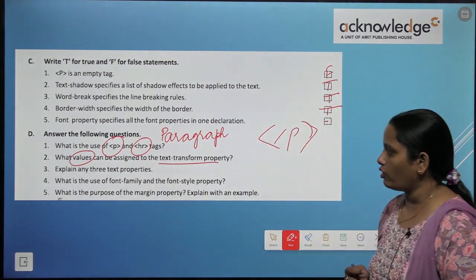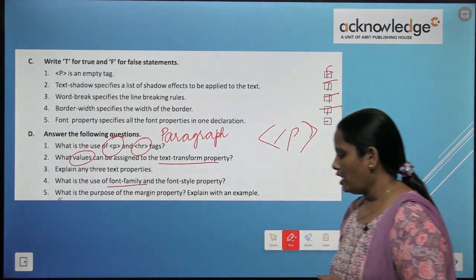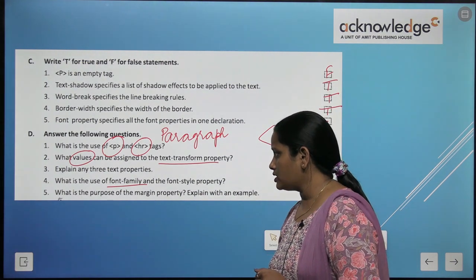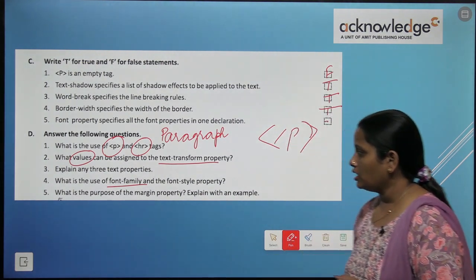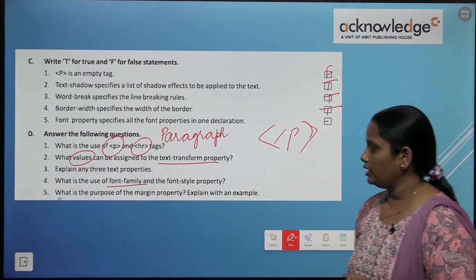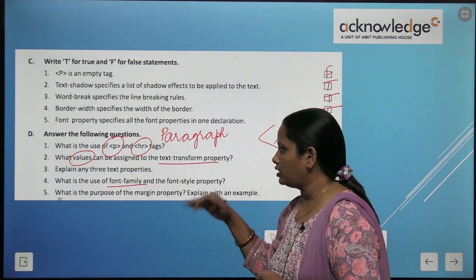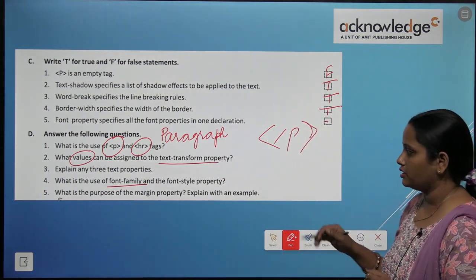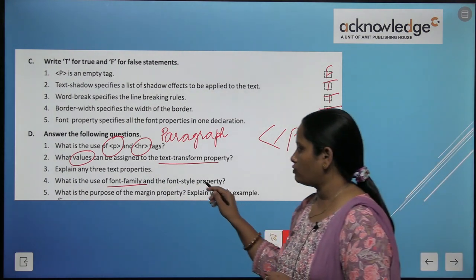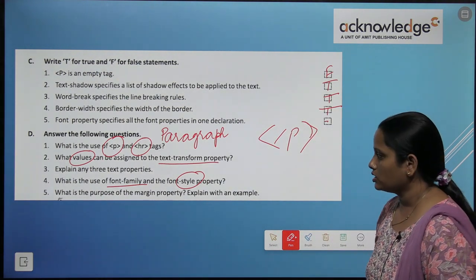What is the use of font family and font style property? So font family, we have also done this in our practical. Many fonts can be inserted in this font family, and by using the font style, we can change the style of the font that we have used.